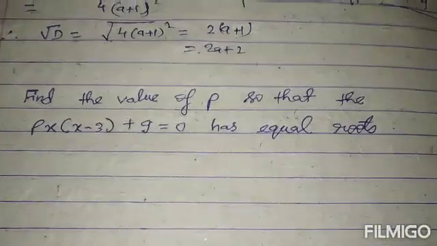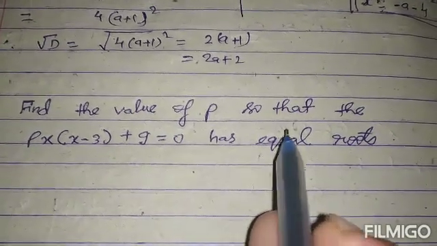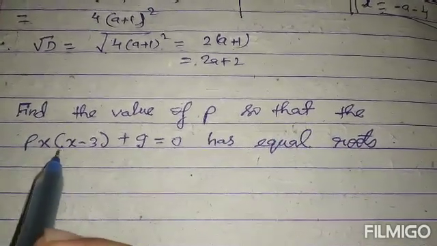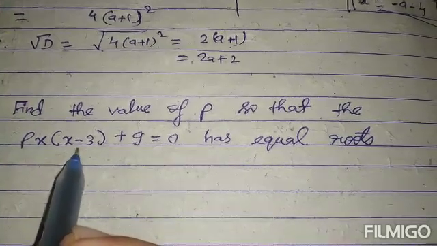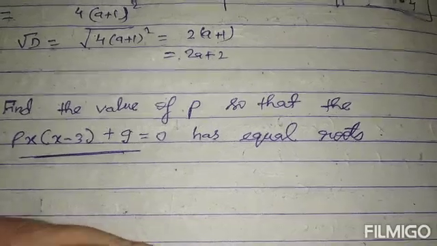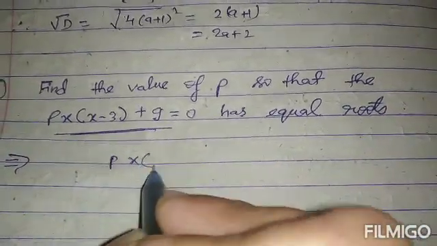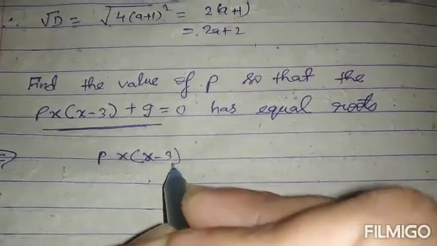Now the last question: find the value of p so that px into x minus 3 plus 9 equals 0 has equal roots. First of all, we have to write this equation in standard form of a quadratic equation.